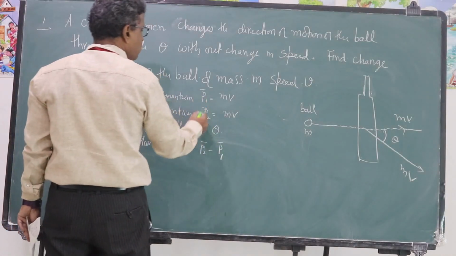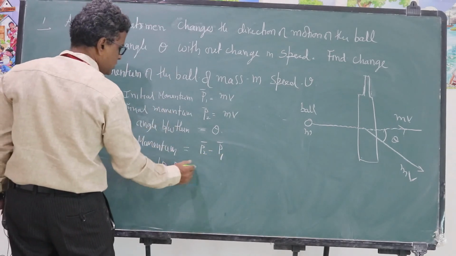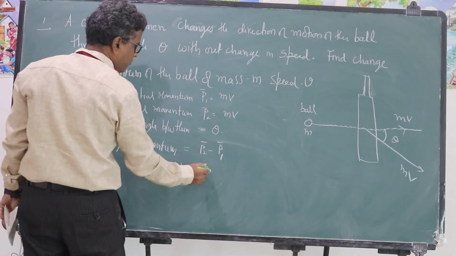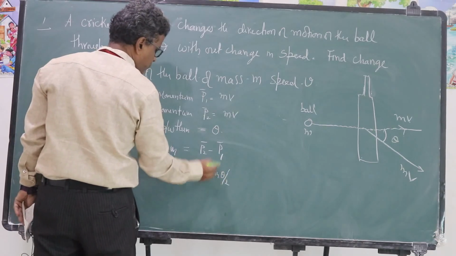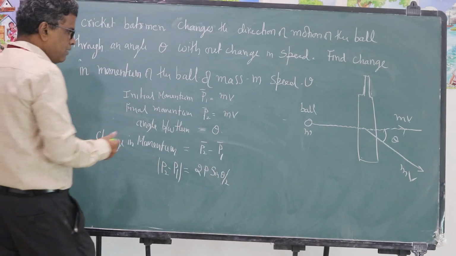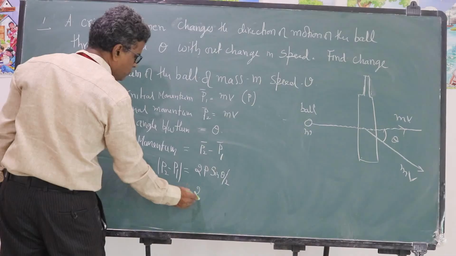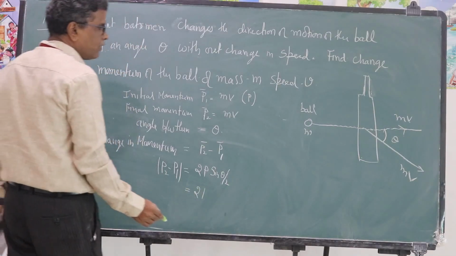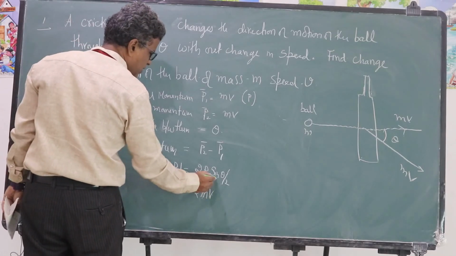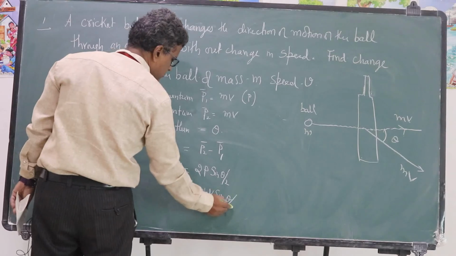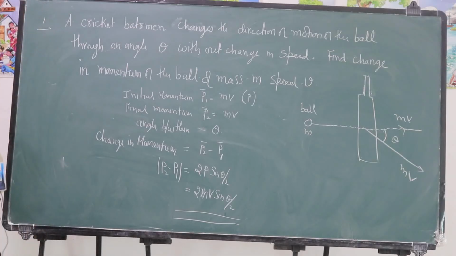Since P1 is equal to P2, the magnitude of P2 minus P1 is 2P sine theta by 2, where P is mv. So that is 2mv sine theta by 2. So this is the answer, the magnitude of change in momentum from vectors.